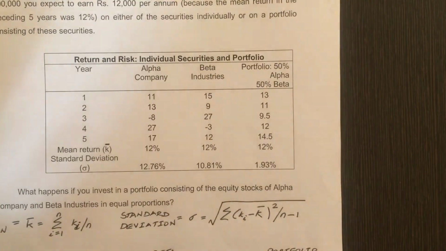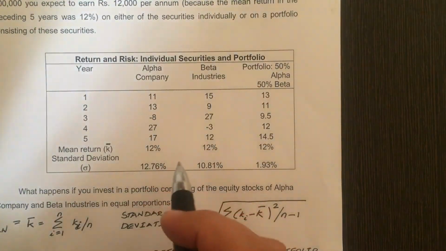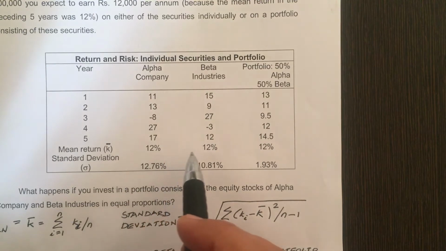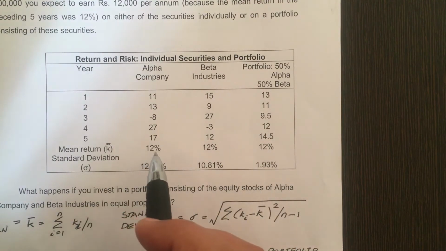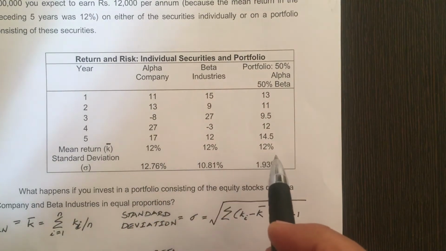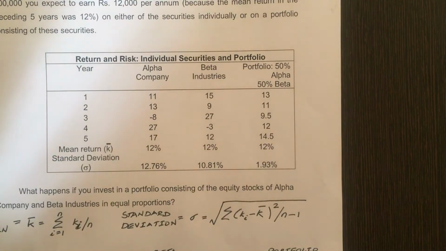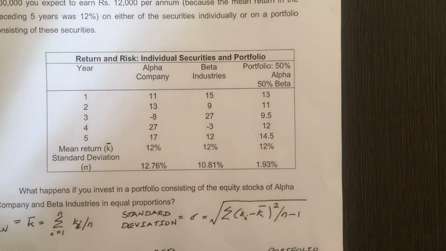If you look at this example, you really do not see any difference in the mean return. There's no difference in the mean return. However, in the standard deviation, you'll see a marked difference.